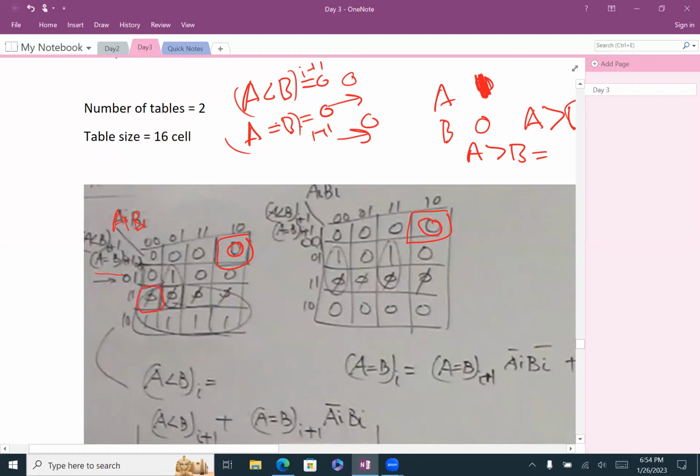Now let's do the easy one. Let's go to this row. What is your input here? 1, 1. What does that mean? A less than B equals 1, and at the same time, A equal B equals 1. Is that possible? That's not possible.